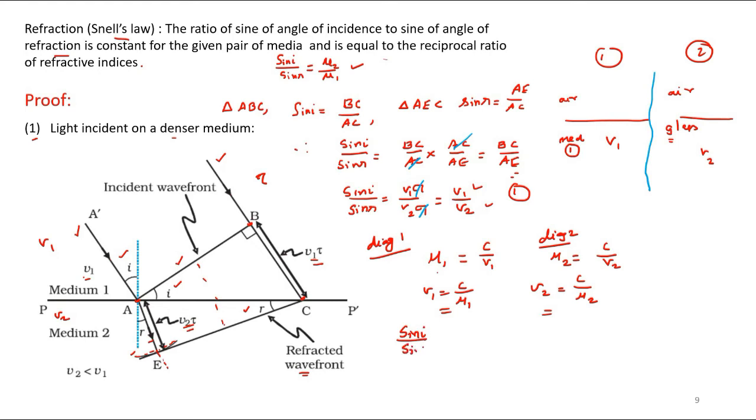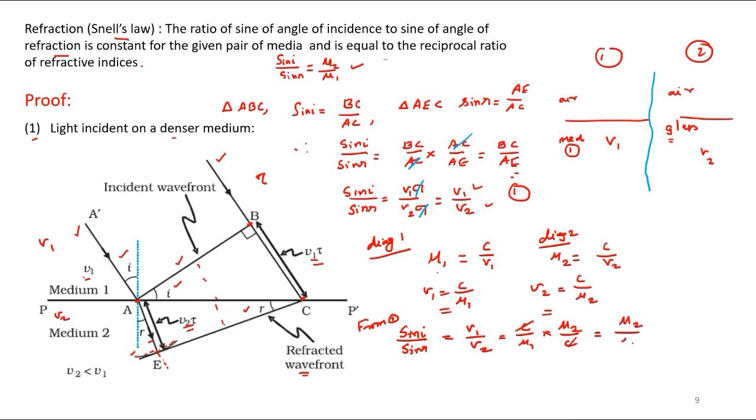sin I by sin R is equal to V1 by V2, from equation 1. So V1 by V2 is C by mu1 for V1, and for V2 C by mu2, but you are dividing by mu2 by C, cancel out this C, you will get mu2 by mu1.